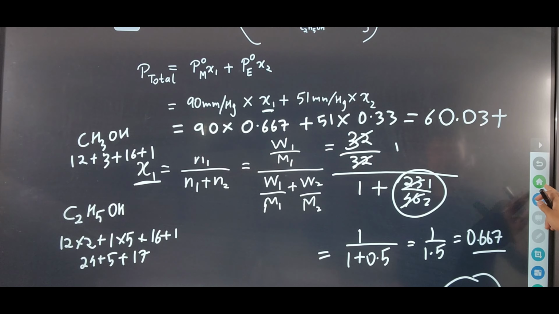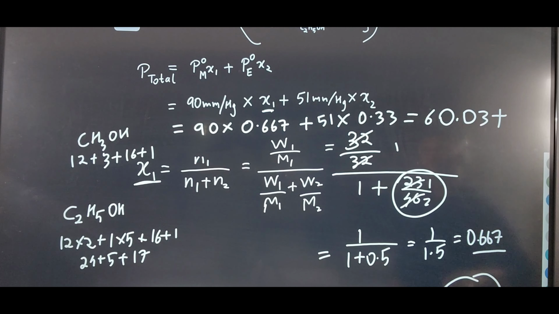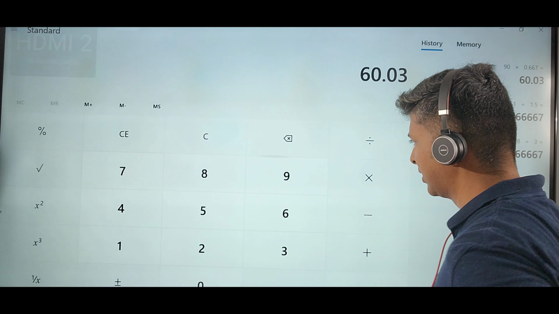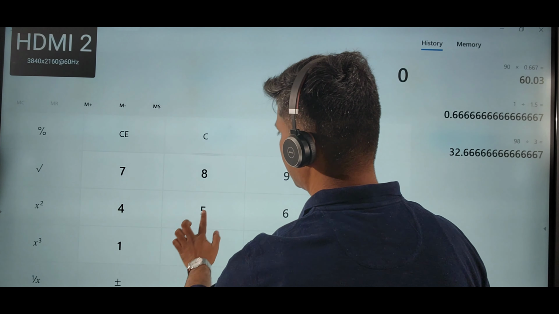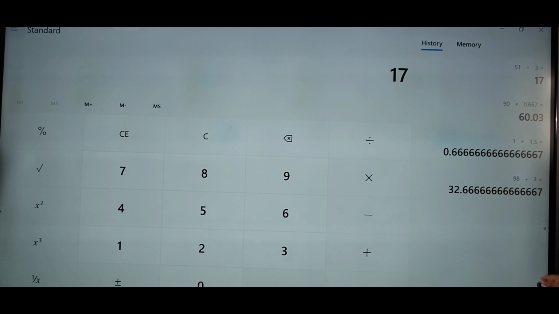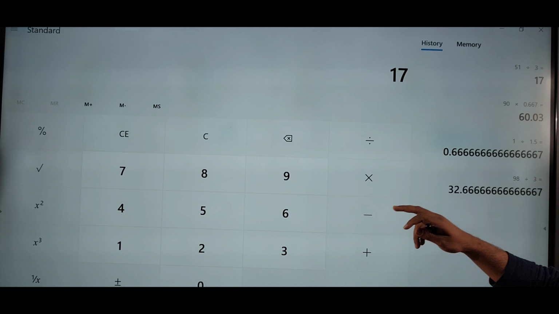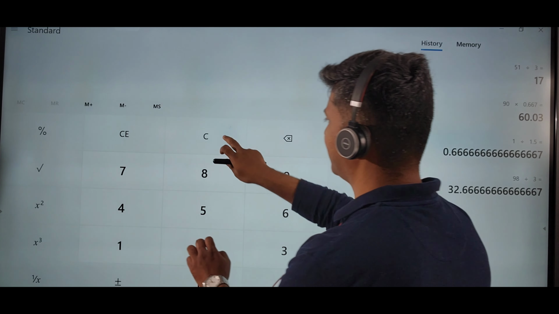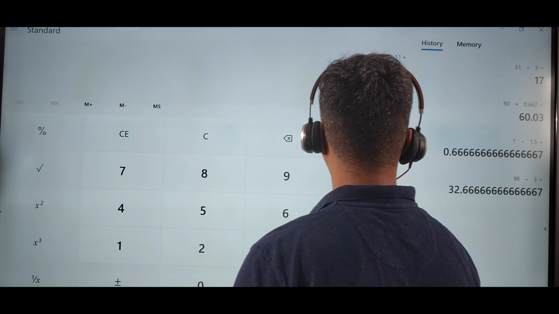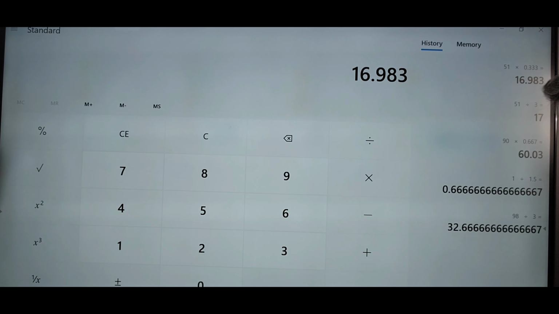It's like doing 51 divided by 3, so this is 17. Or if you want, I'll do it normally: 51 multiplied by 0.333 is 16.983 to be exact.